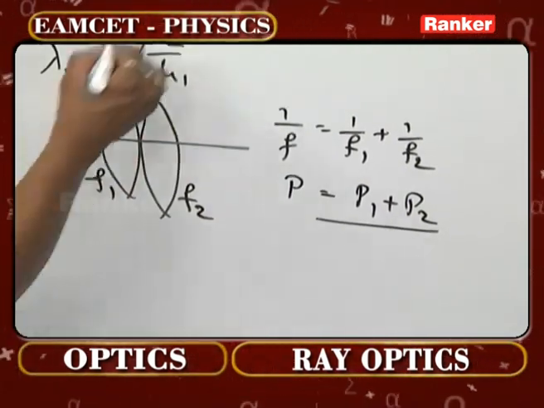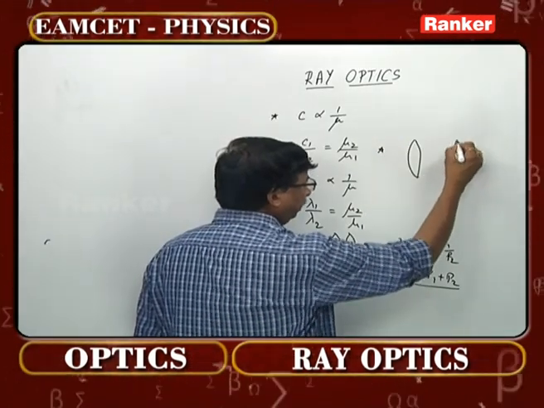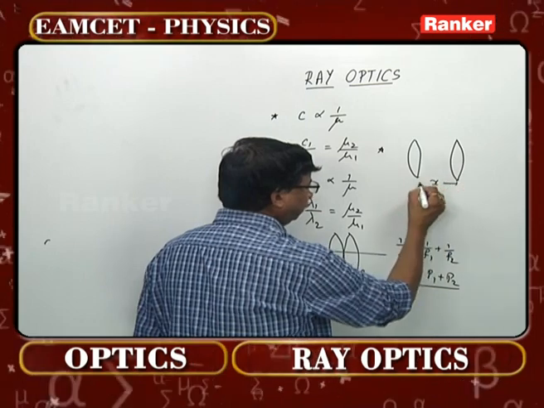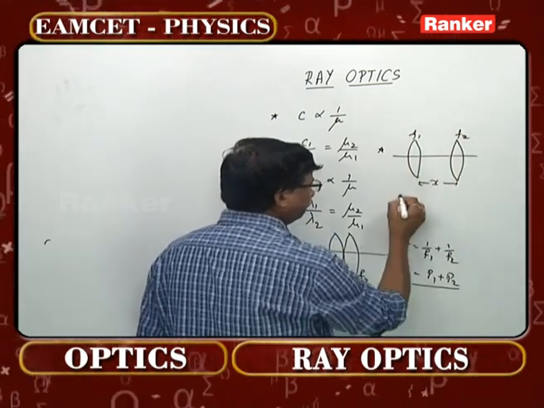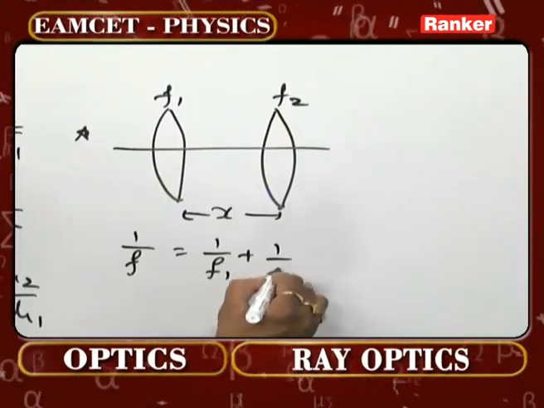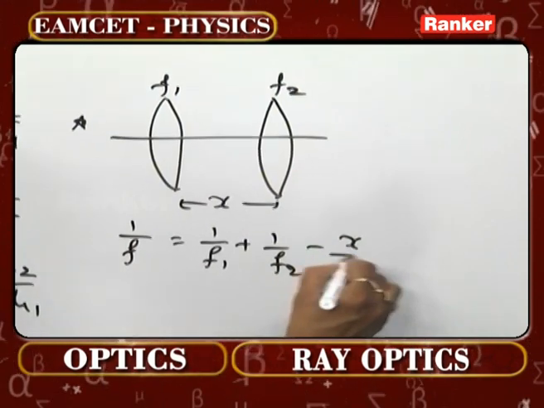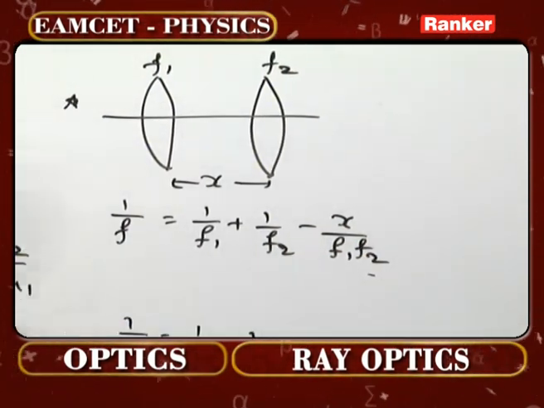Exactly in the same manner, if 2 lenses are separated by a certain distance, say x, when their focal lengths are f1 and f2 respectively, 1 by f is equal to 1 by f1 plus 1 by f2 minus x by f1 f2. This is the formula one has to remember.